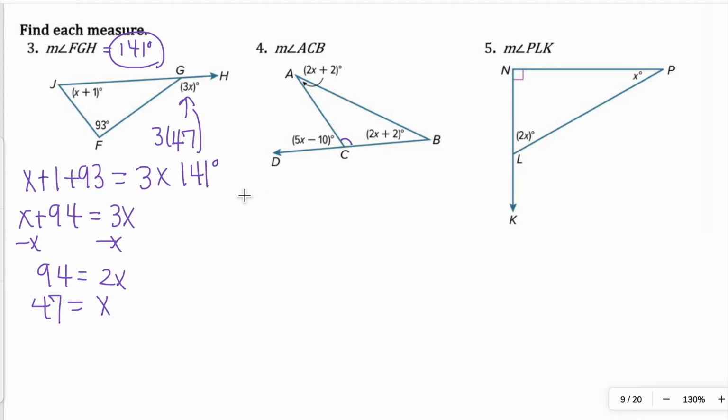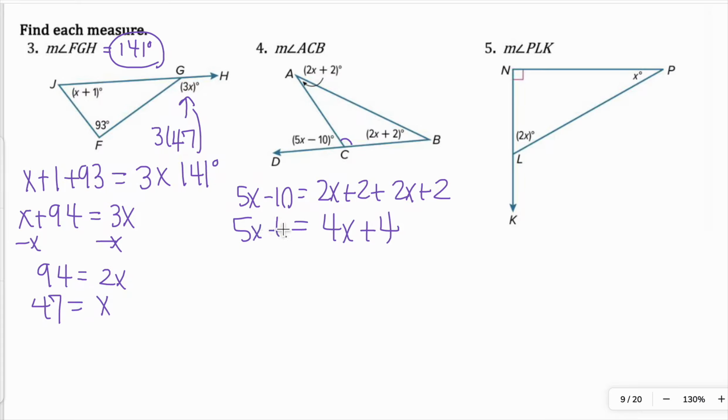So I'm going to still use my exterior angle method. 5x minus 10 is equal to 2x plus 2 plus another 2x plus 2. So that's 4x plus 4 equals 5x minus 10. I'm going to move variables to the same side. So I'm going to do a little double elimination here, and I'm going to get x equals 14.